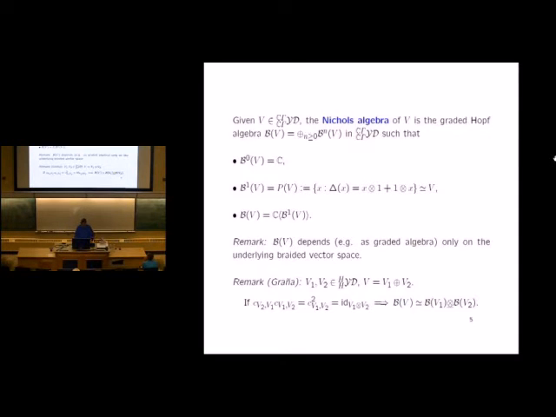On the other hand, there is a remark, an old remark by Matthias Graña, which says the following. If you take two Yetter-Drinfeld modules, you take the direct sum, and I assume that the following happens, so I would like to keep this here.